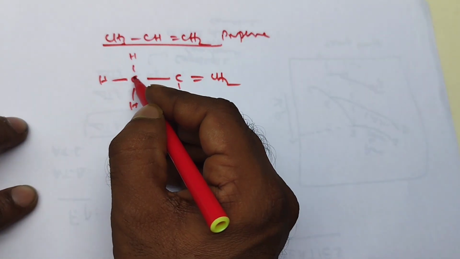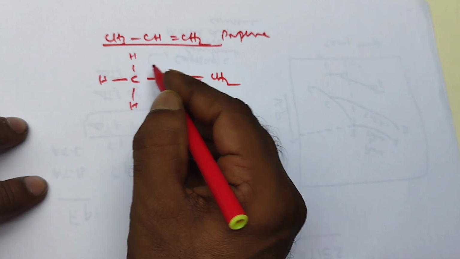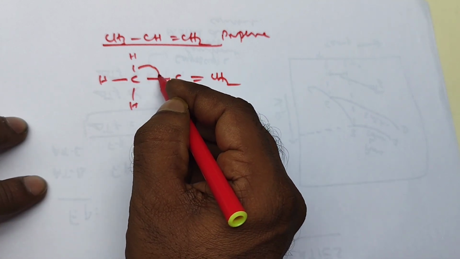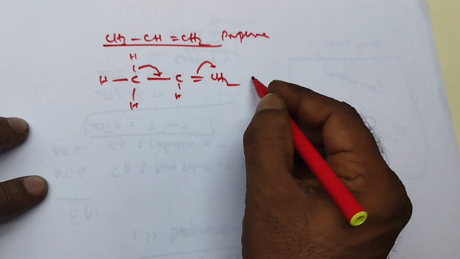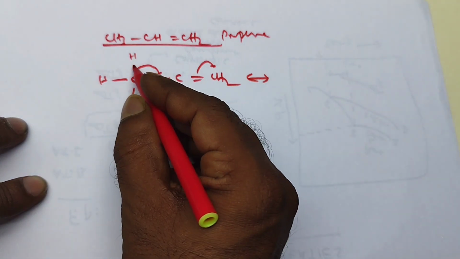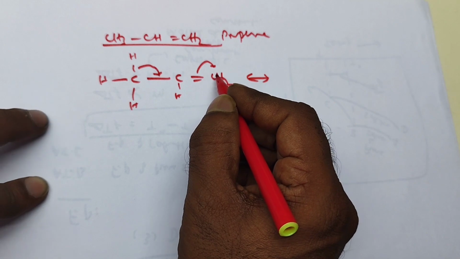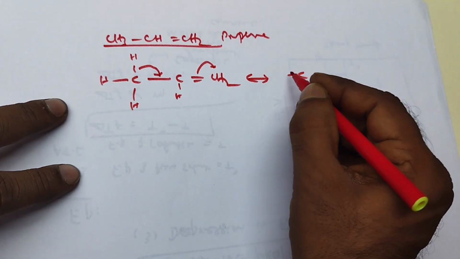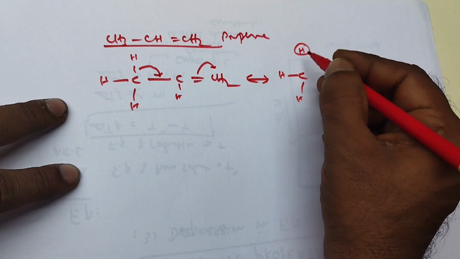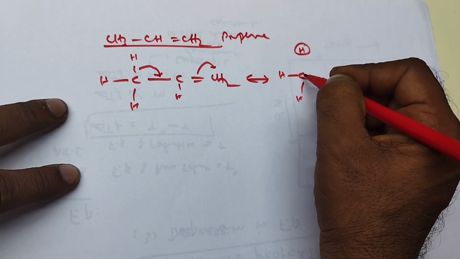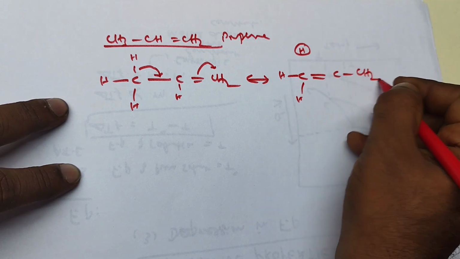The carbon-hydrogen bond is a sigma bond, and there is a shift of the sigma bond towards the pi electron system to form a double bond, and this carbon becomes a minus charge. Here the sigma bond is shifted to form a double bond, and the other carbon gets a minus charge. So you have to draw it like this: CH2, with no hydrogen, that is, no bond between this carbon and hydrogen. It becomes a double bond, and this CH2 minus.